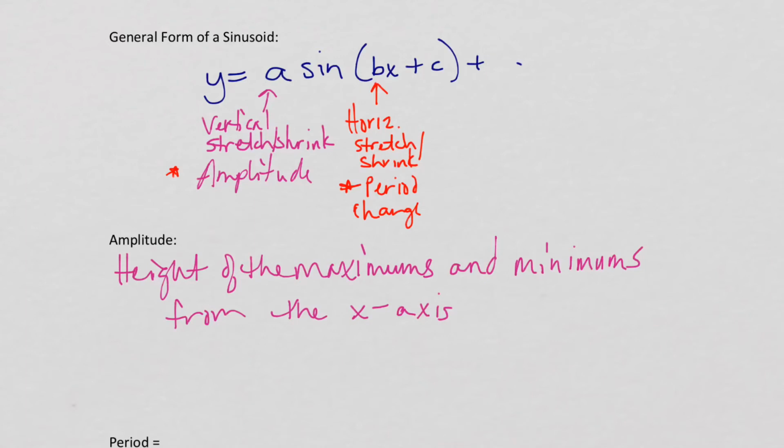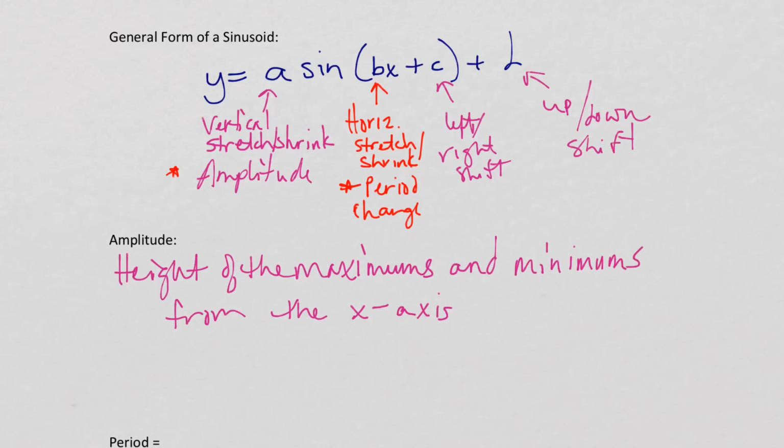And then C is a left or right shift. D is an up-down shift, just like we did before. That doesn't change. So we're just changing the name of A and B a little bit.